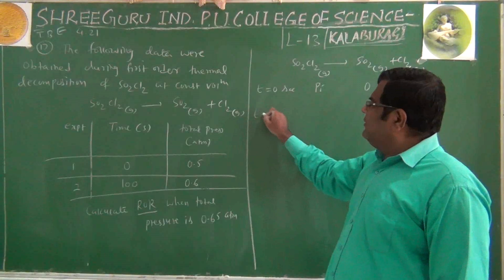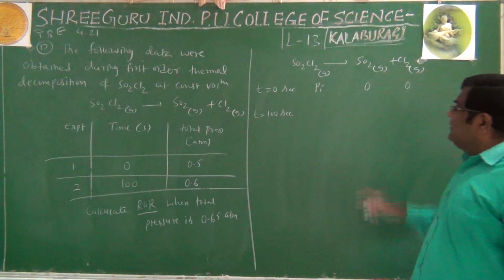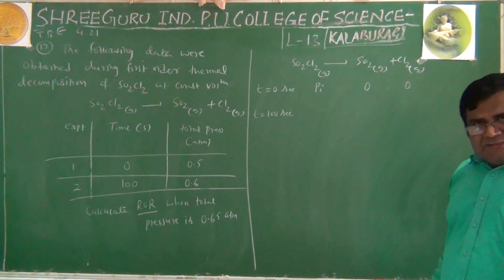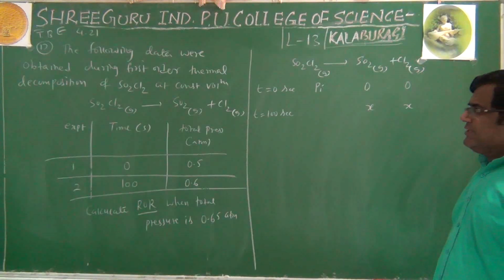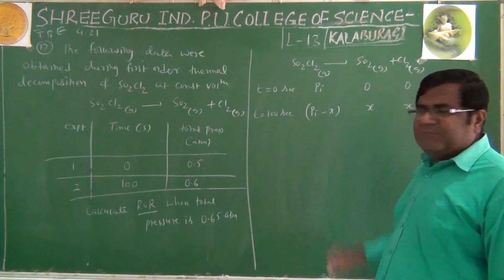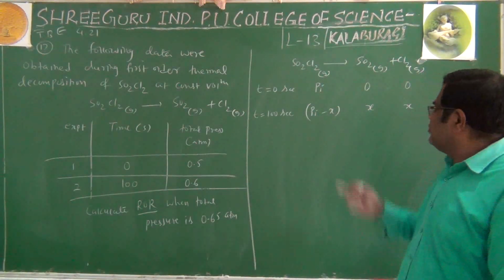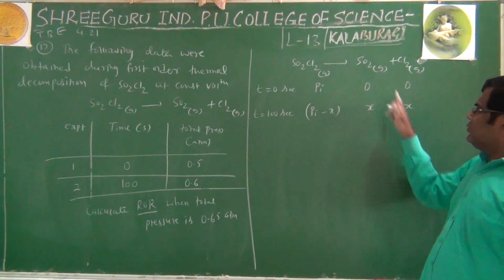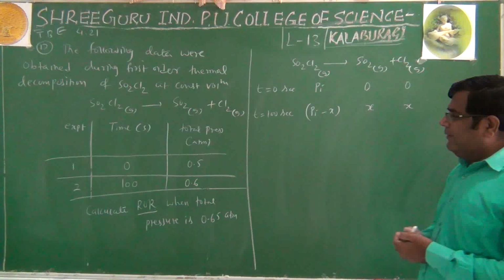And when time is equal to 100 seconds, SO2 and chlorine start appearing, so their pressure is x atm each, and this is Pi minus x atm. Why only one x? Because there is only 1 mole of SO2, and 1 mole of chlorine.